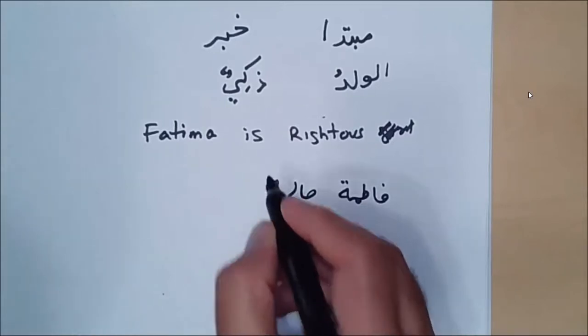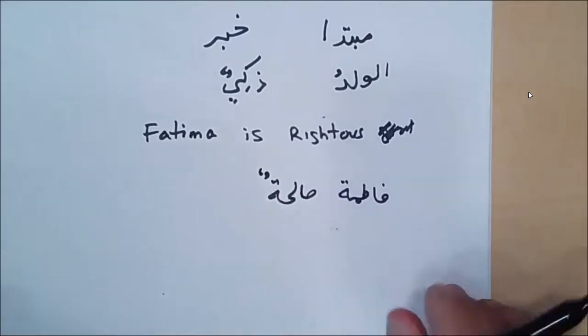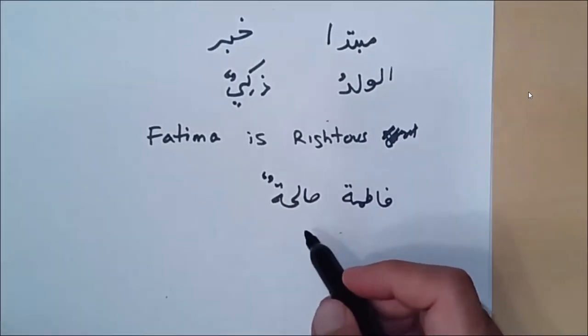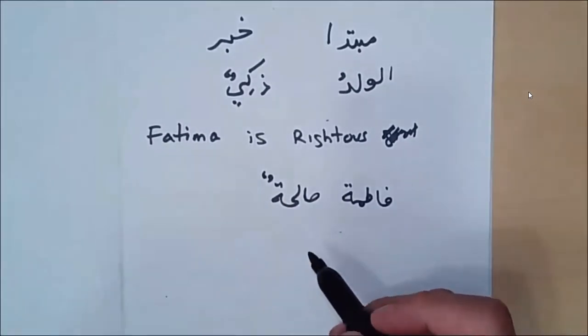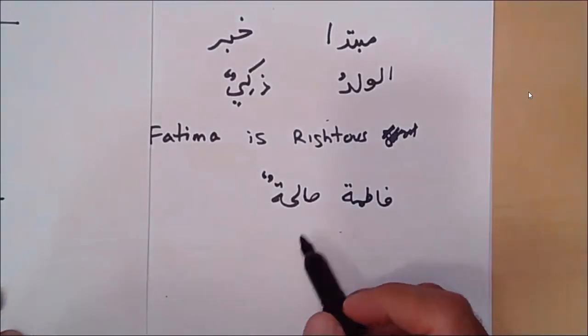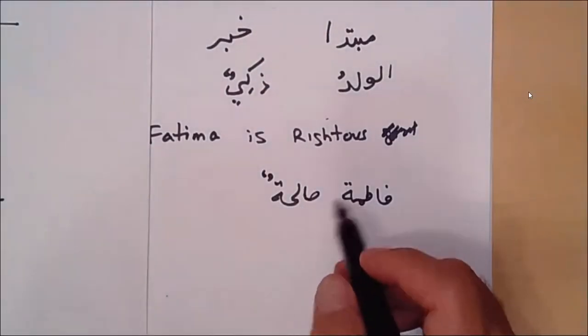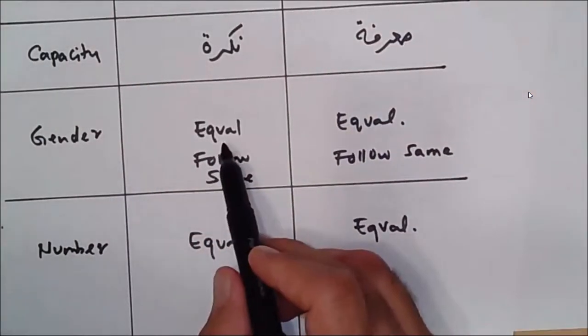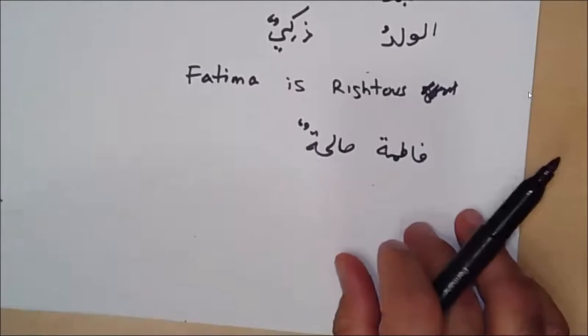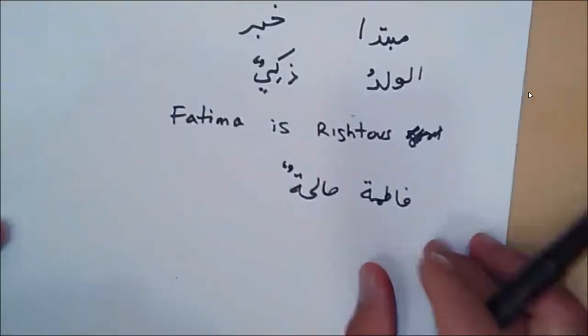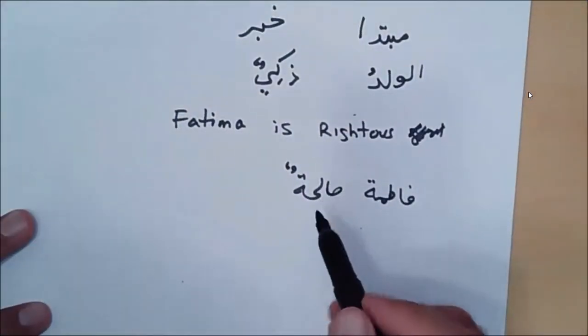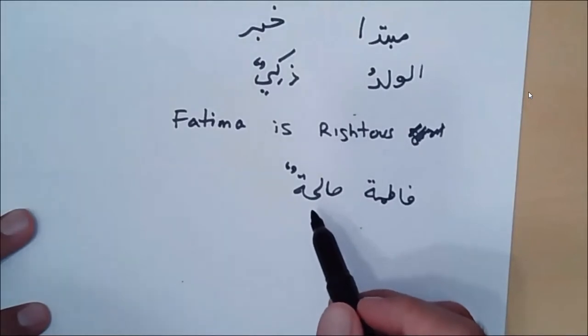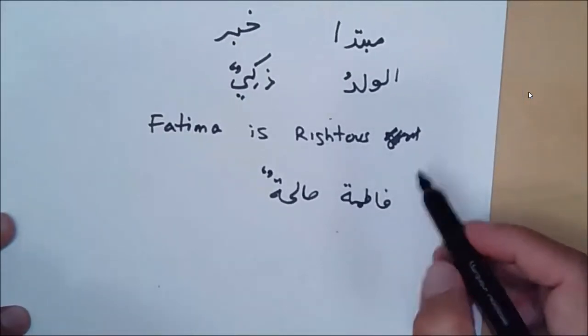Salihatun. Okay, now why did we say Salihatun? It's feminine. What is the rule about gender? It should be equal. So is Fatima male or female? Female. So the khabar should be female. Is Fatima singular or plural?